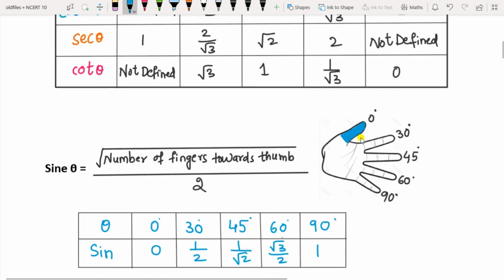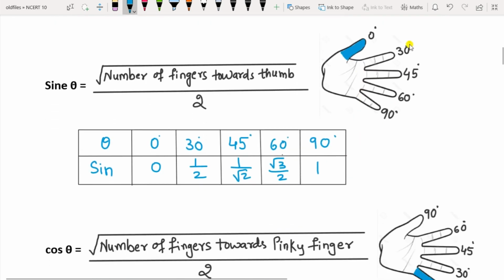Okay, so let us see that easy trick, though I have explained it in the introductory video. I am explaining here also how to find the value of sine theta with your left hand palm. This is an easy trick. So consider this as your left hand palm.